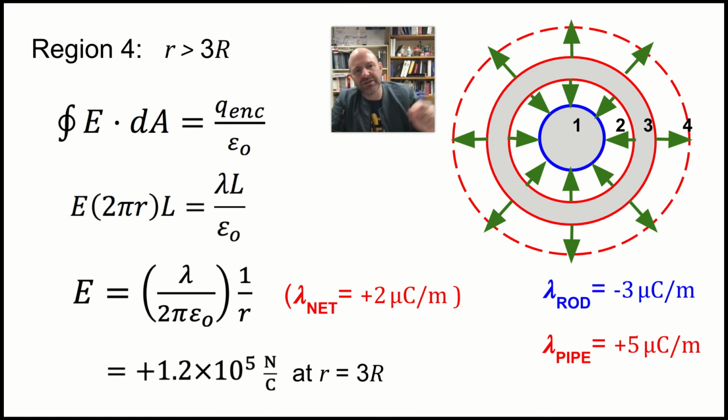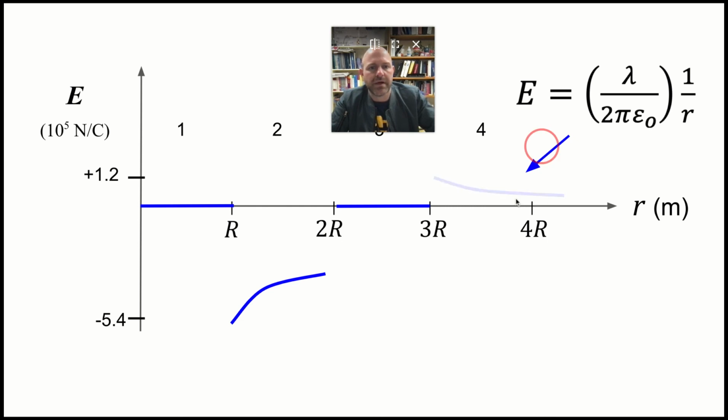And right at the edge, 3r, it's going to be 1.2 times 10 to the 5th, and then it's going to go off down like 1 over r. This is now a positive electric field because it's radially outward. And we can fill in our last section, a 1 over r relationship. So my graph is not perfect here, but these are 1 over r relationships in regions 2 and 4, and 0 electric field in regions 1 and 3.